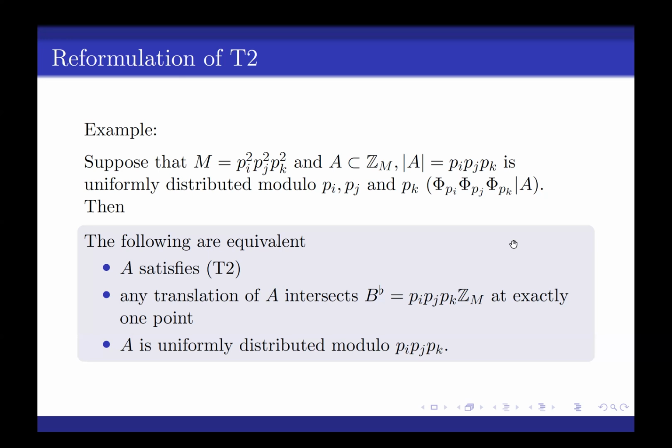So again, for any initial condition on the distribution of A, you will get a matching T2 condition in terms of a distribution of this kind.